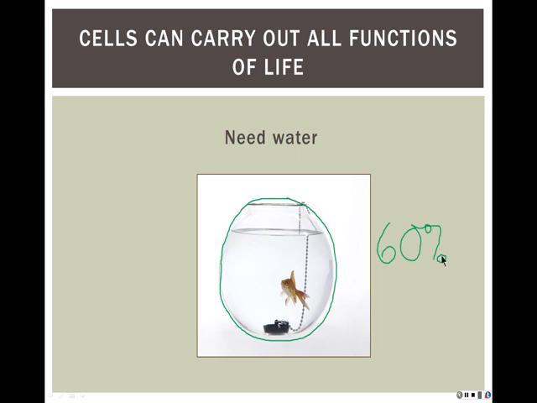But another reason that water is so important is that water actually maintains its temperature quite well. In other words, it takes quite a bit of energy to raise the temperature of water.